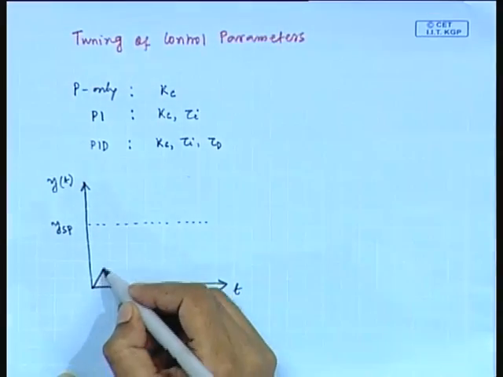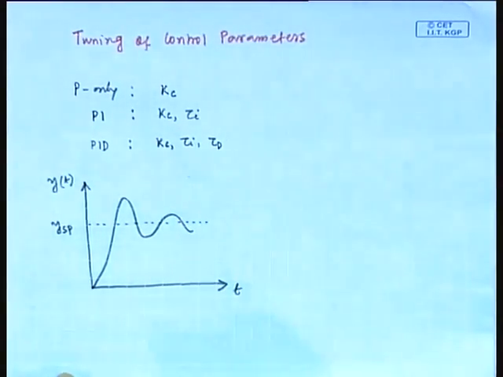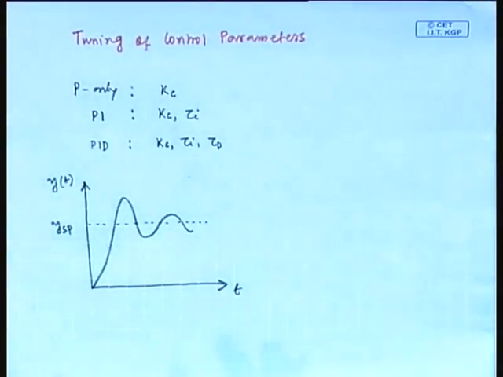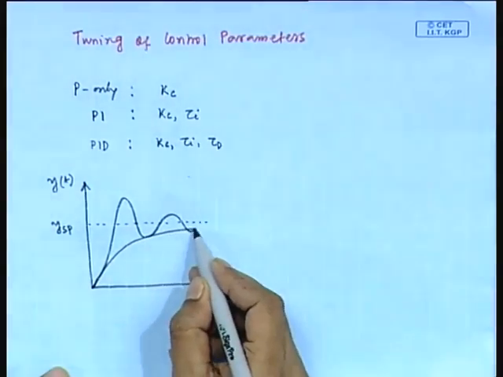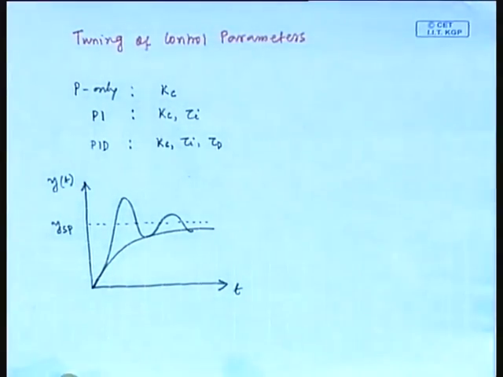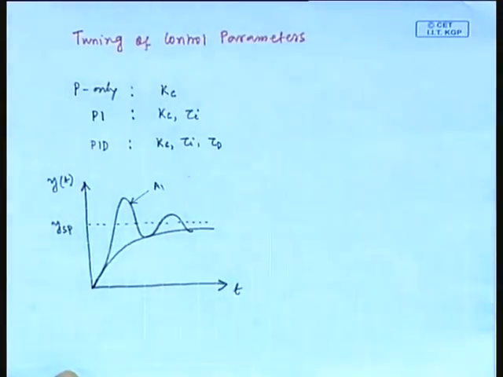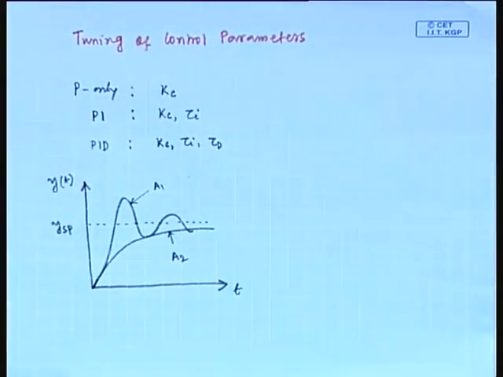We are getting this type of closed loop response for a particular set of tuning parameter values, and if we use another tuning set, we get, suppose, this type of response. Say this is one type of response and this response is, suppose, A2.